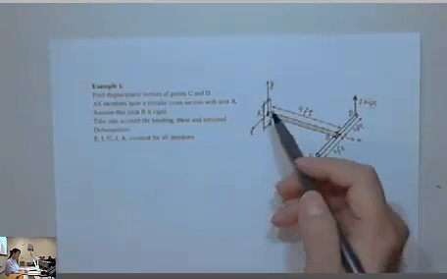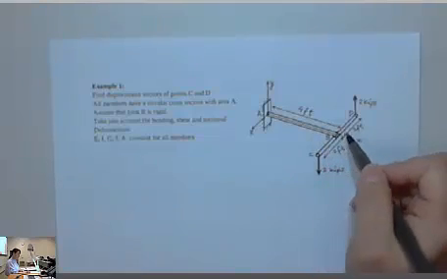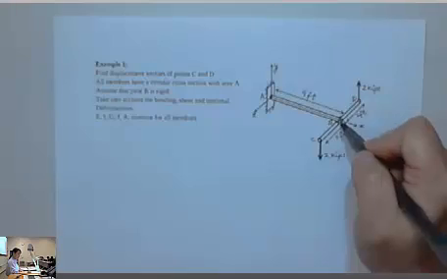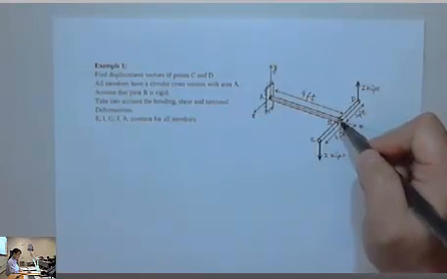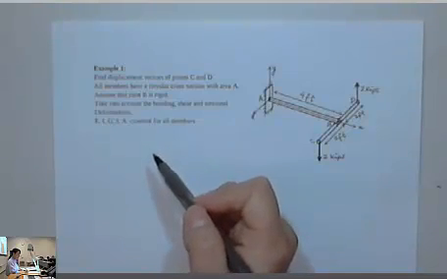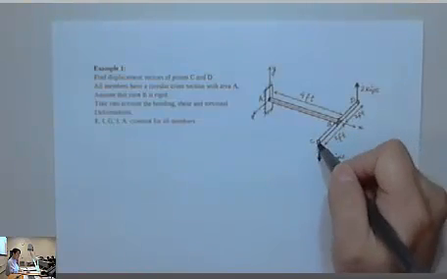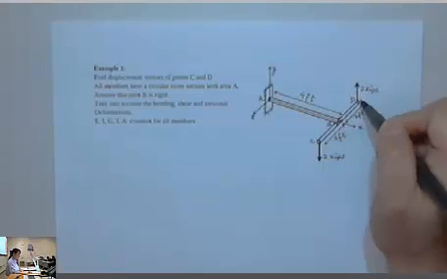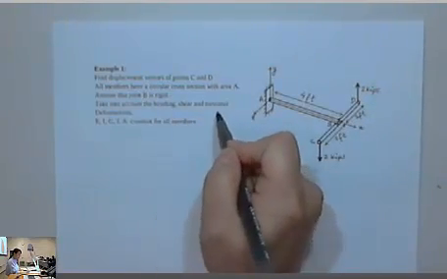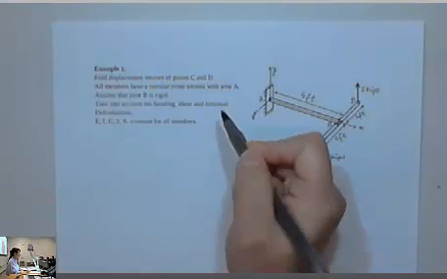And all members have a circular cross-section area A. And now we assume that the joint at B is rigid. And now it asks you to calculate the displacements at points C and D. And you have to take into account for bending, shear, and torsional deformation.